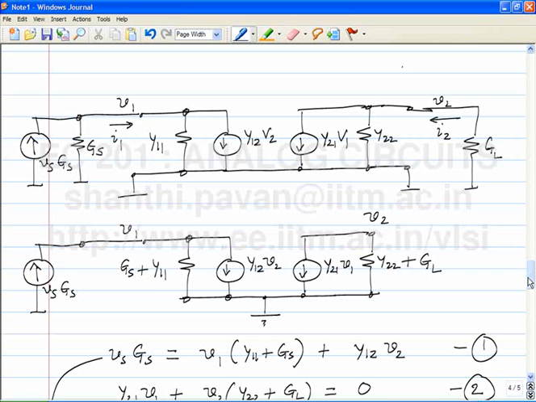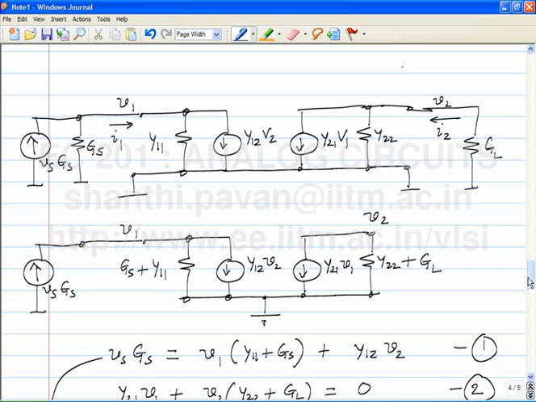Okay? So in other words, you want only the output port to be influenced by the input port. What is this Y12 parameter? It quantifies the effect of the output port on the input port. You understand? Y21 quantifies the effect of the input port on the output port, and Y12 quantifies the effect of the output port on the input port.